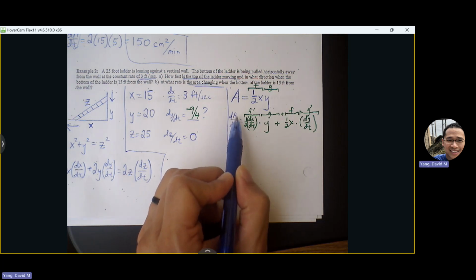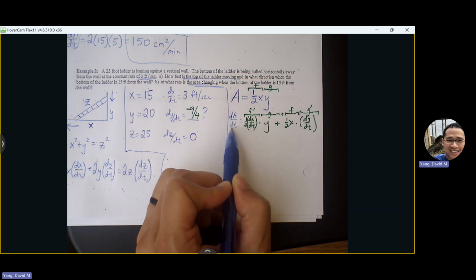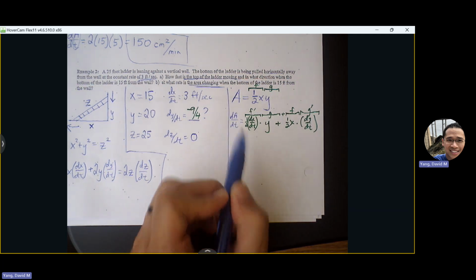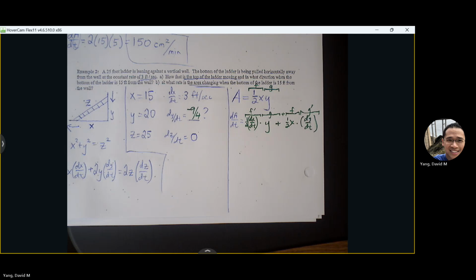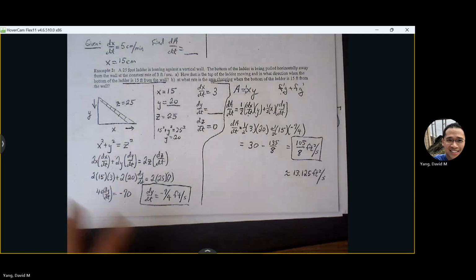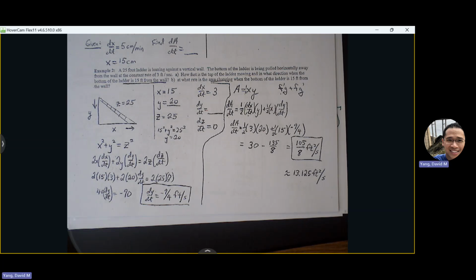So square feet per second, right? So that's how you establish your units. Look at your variable, and your variable will tell you what units to use. In the calculator, it should give you something like 105/8 or 13.125 square feet per second.